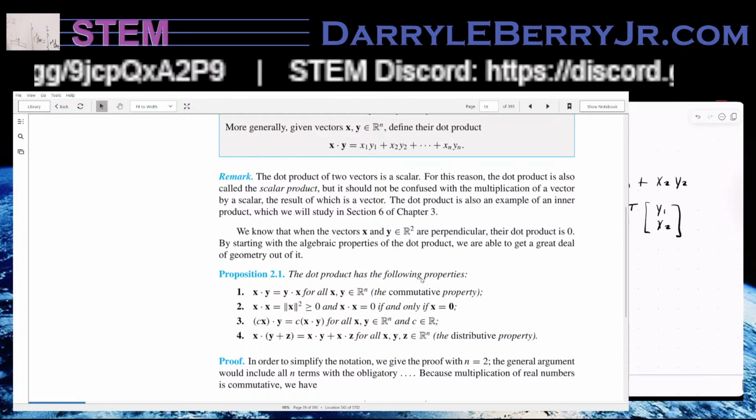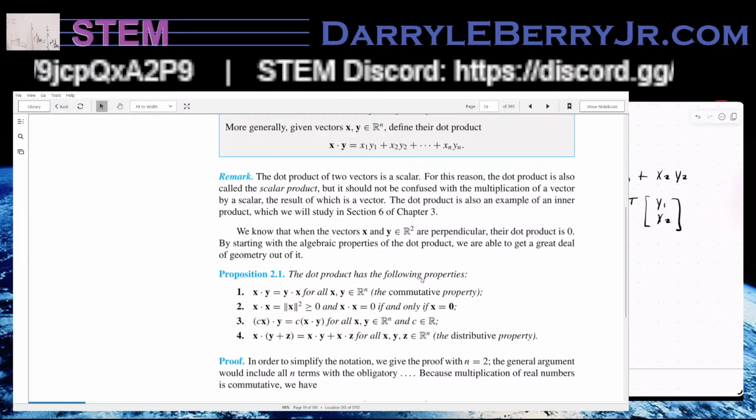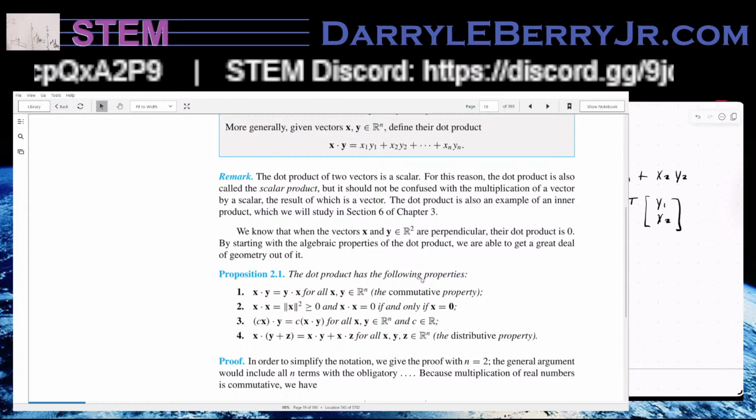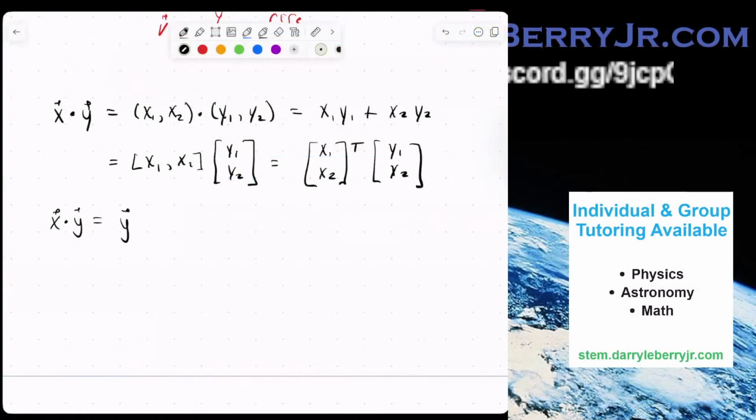Now, some inherent properties would be x dot y equals y dot x. So I believe this is a commutative property. You can do it either way, either direction, just like adding regular numbers.